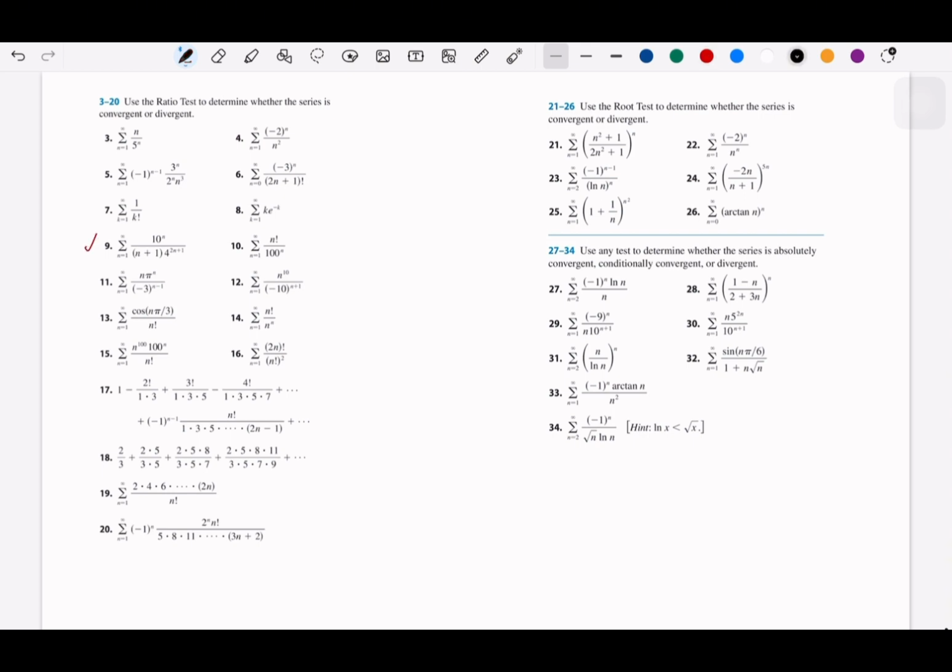Since we know that this is going to work with the ratio test, and since this is an exercise in ratio test, then we can use that ratio. So we can take the a_n over a_(n+1). Oh, a_(n+1) over a_n, sorry.